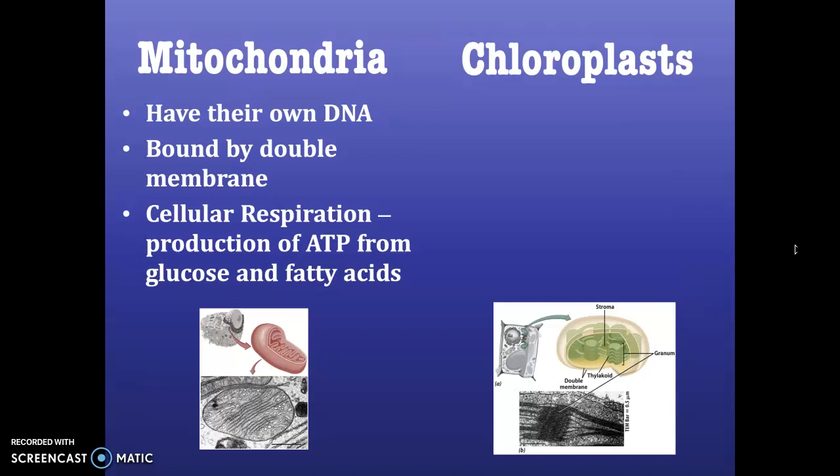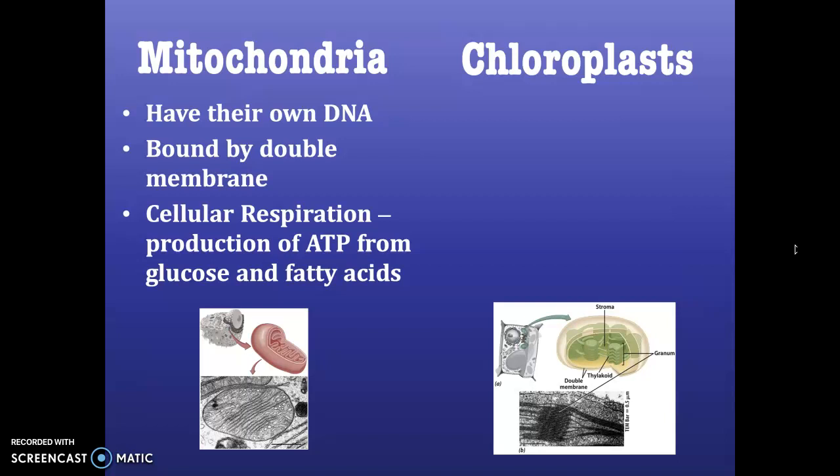I did mention earlier in class that we can also break down lipids as an energy source if we run out of glucose. But we produce ATP, adenosine triphosphate, and that's the energy that our body runs on.